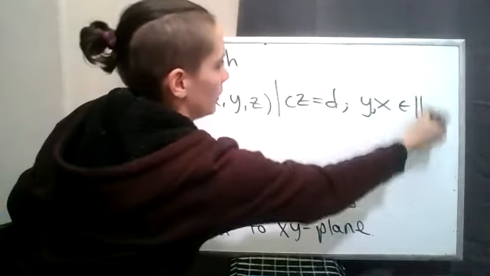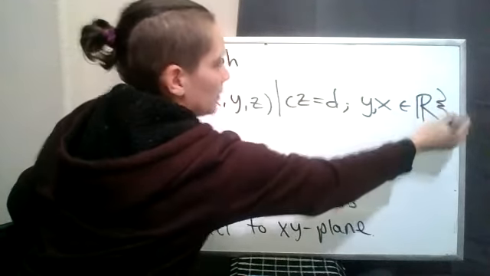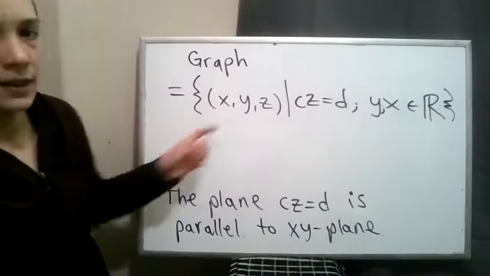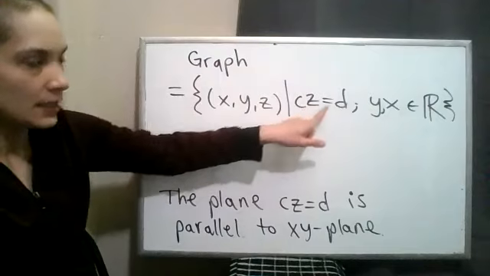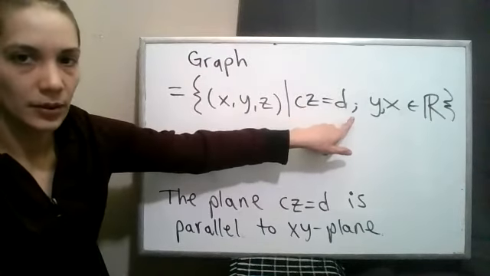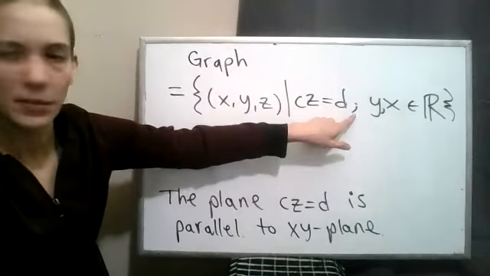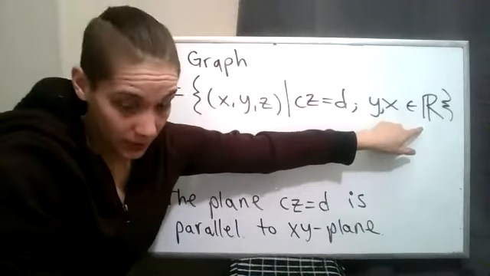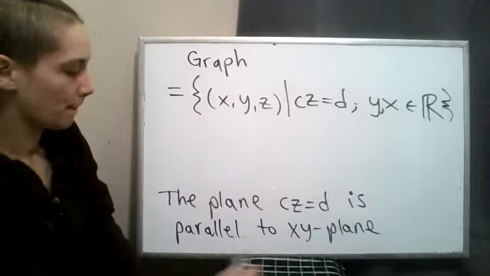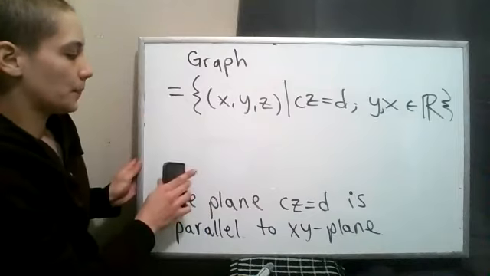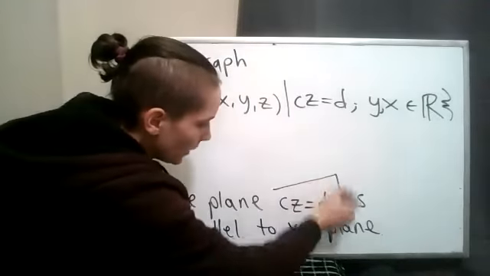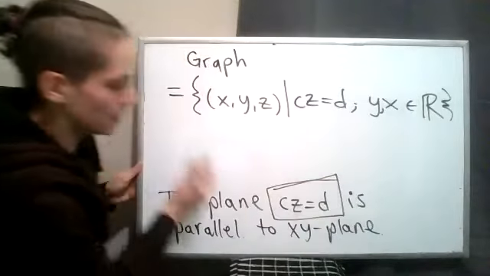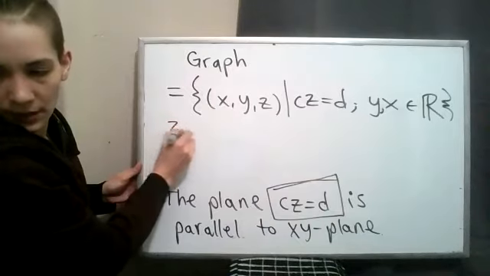This is double bar R. So one more time, cz equals d and y, x exist in the reals. Let's actually put a square and talk about the z-intercept.